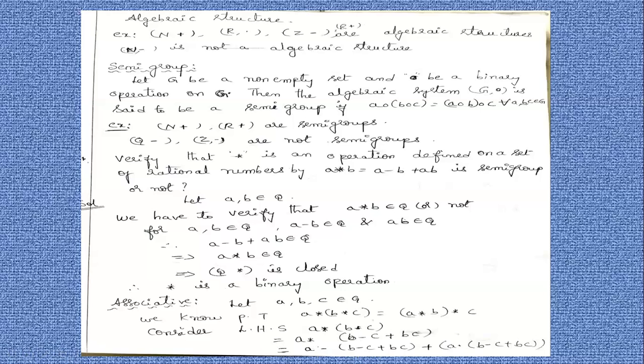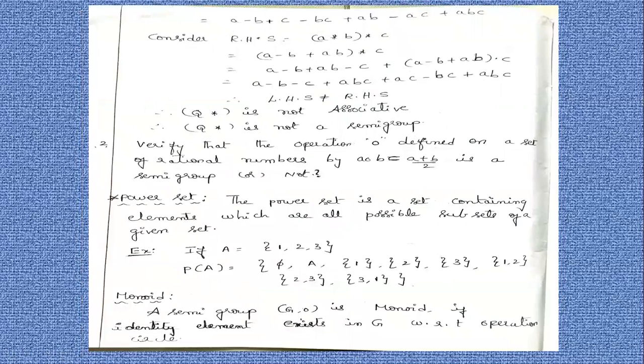Okay students, do you understand? This equals a minus b plus c minus bc plus ab minus ac plus abc. Next we consider the RHS, (a star b) star c.